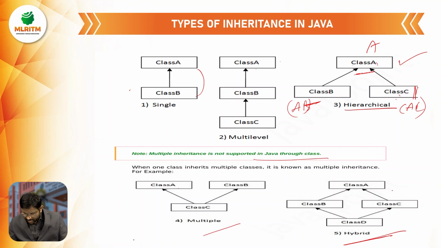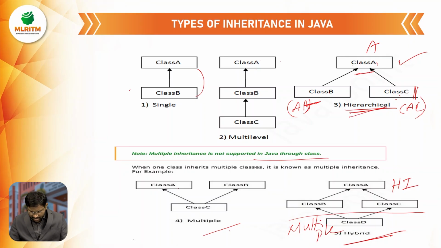Check here: class A, class B, class C. Up to this level, what is this inheritance? Hierarchical inheritance. And below this, what is this inheritance? Multiple inheritance. The combination of hierarchical and multiple inheritance is hybrid inheritance.